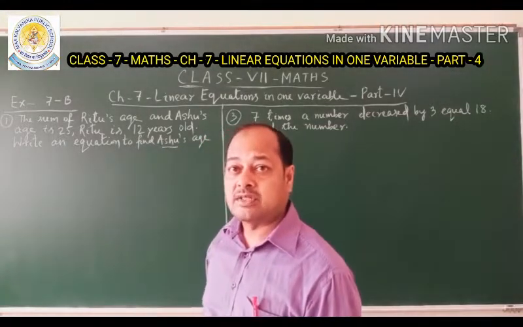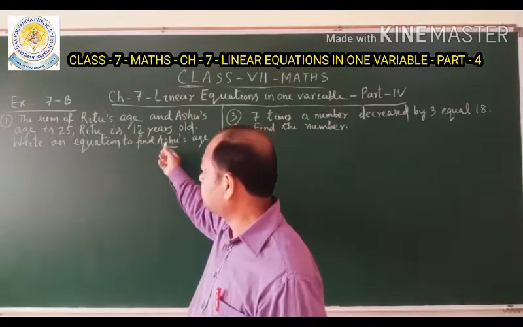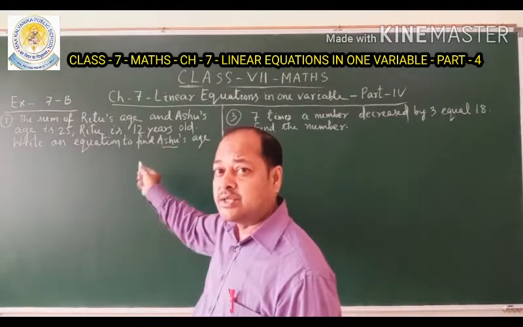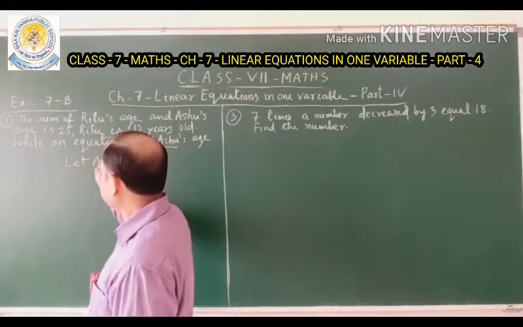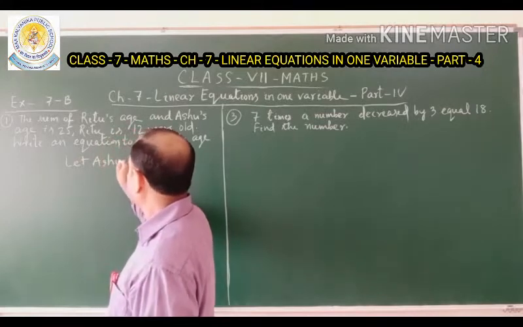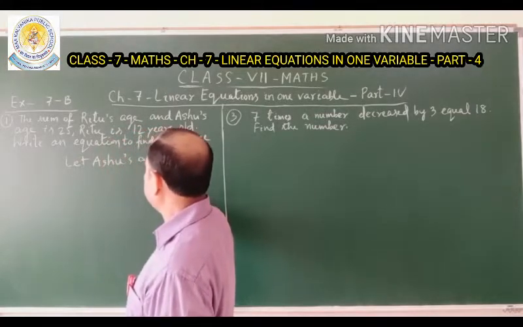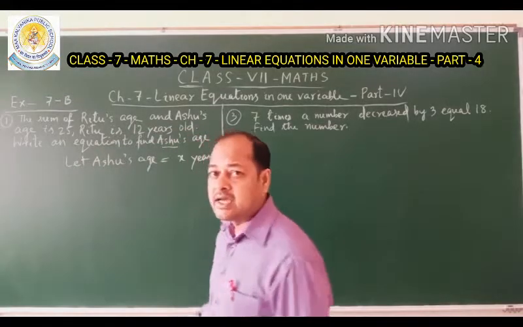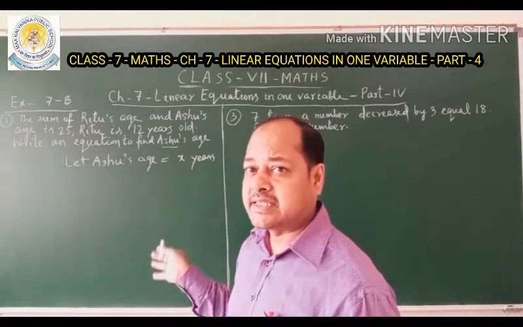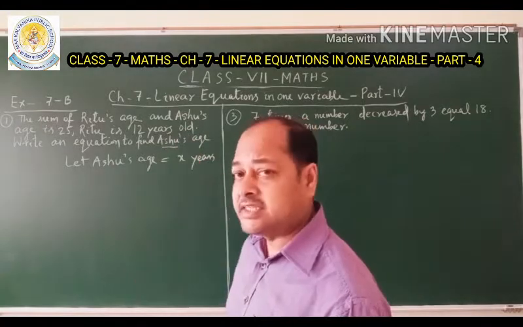So you have to find out Asu's age. In the question, what is being asked, you take as x. So let Asu's age be x years. Ritu's age is given.